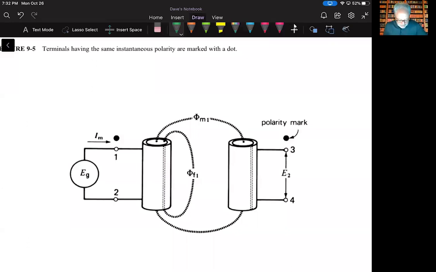Okay, so when we're looking at figure 9.5, we see that there are two fluxes: the leakage flux and the mutual flux.